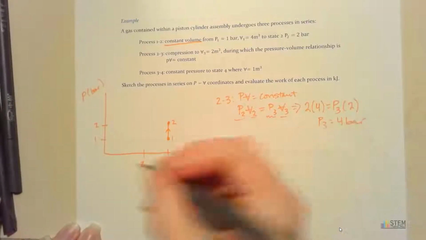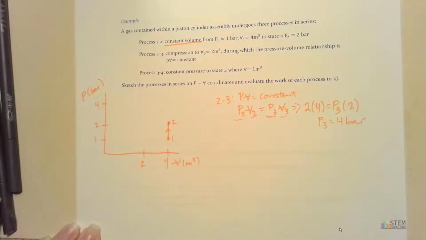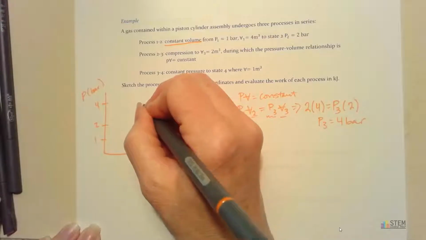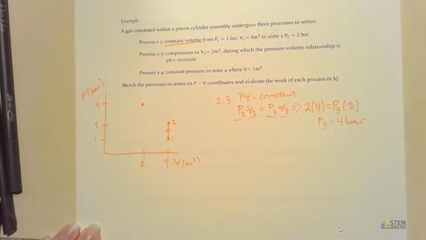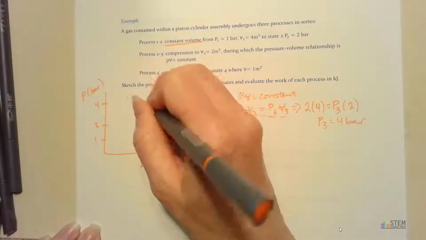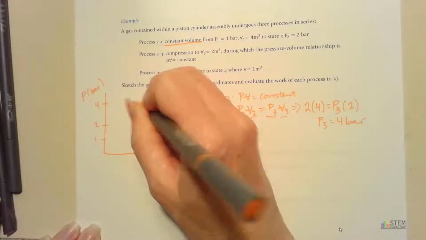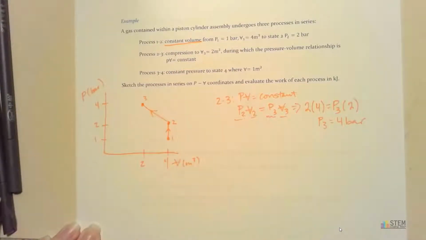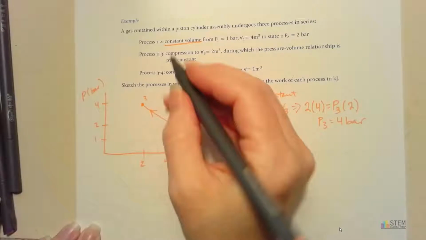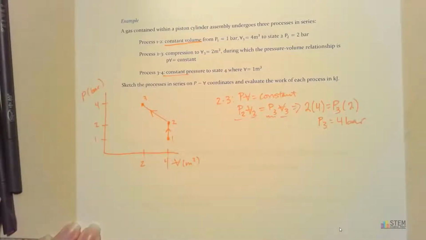Okay, so we need to put a 4 up here. So now we got something like that. So now we can just connect state 2 to state 3 like that. And then last thing is state 4. So we're going to have constant pressure now. So again, constant, there's a keyword.